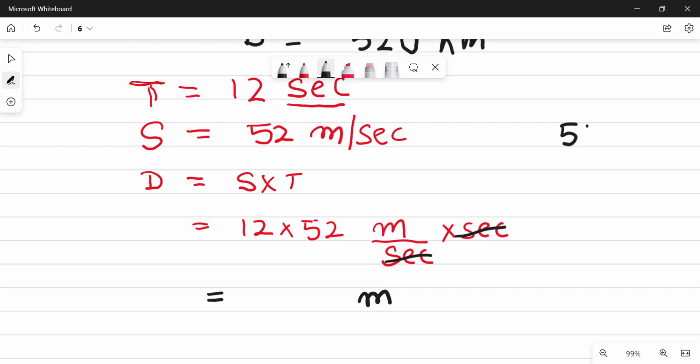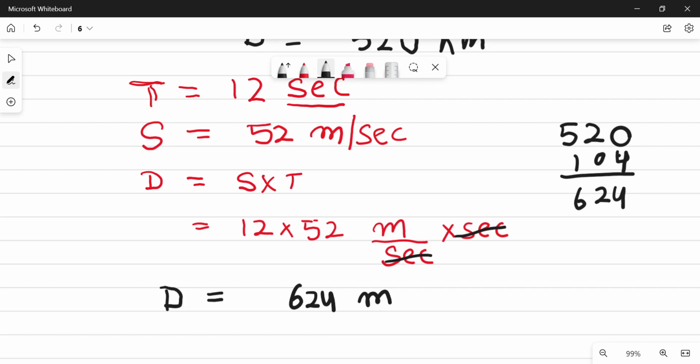And if we multiply 12 with 52, we will get 520 and 104, so the answer will be 624. Okay, so this will be the answer after multiplying 12 with 52, and the distance is equal to 624 meters.